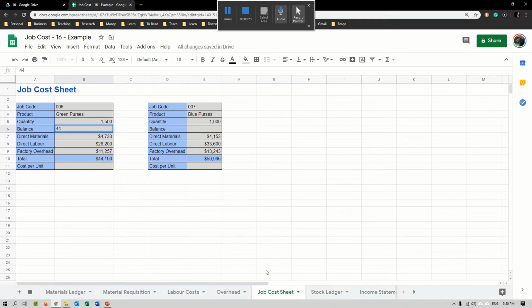So the 44,190 needs to go here, and then I simply deleted these ones because they only represent the month. This is the process I need to do for every job that is not completed at the end of the period. So once again, we pick up our total, transfer it to balance, and then delete the amounts in direct materials, direct labor, and factory overhead.